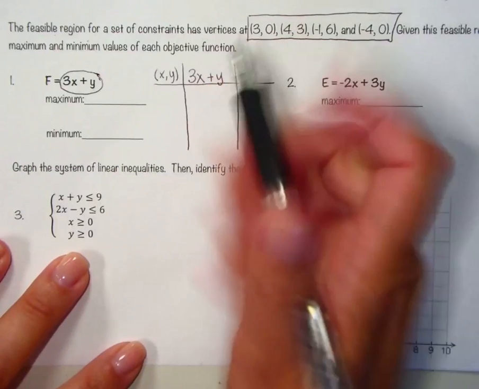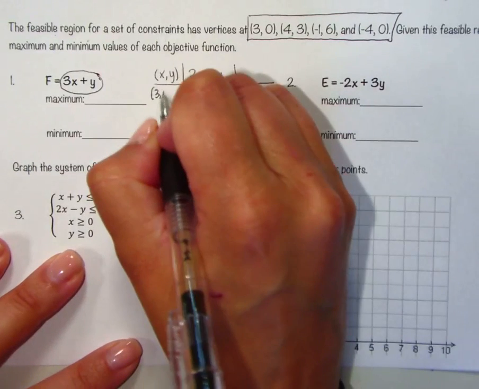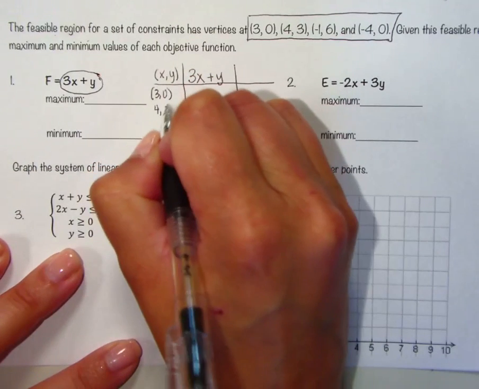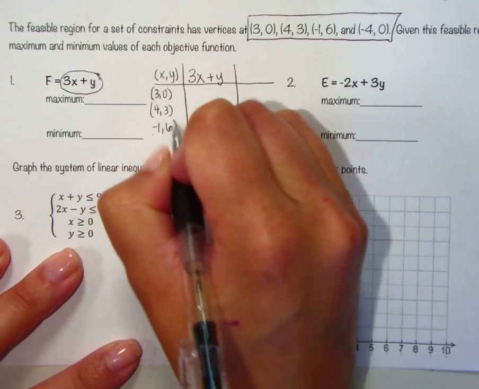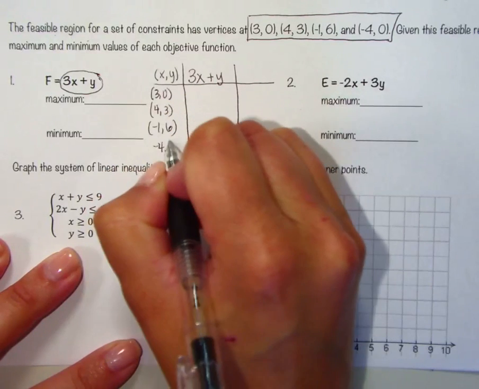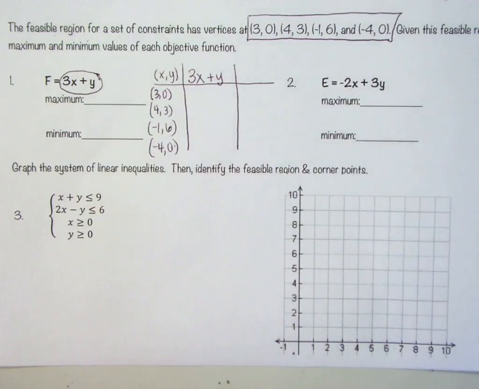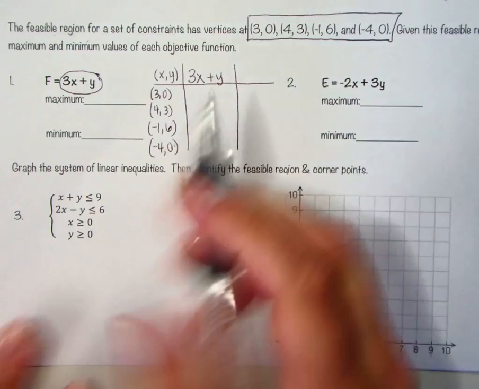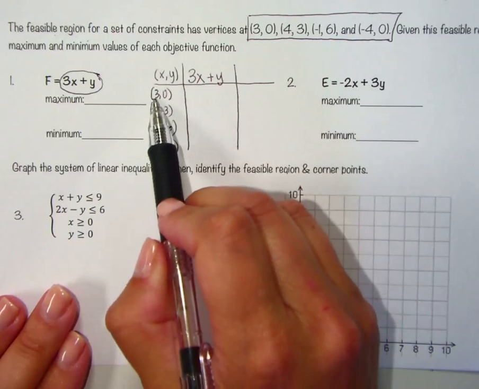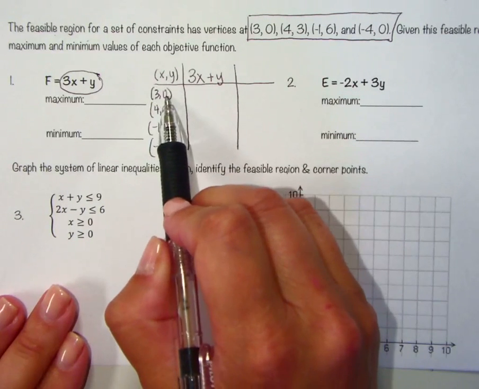So we're going to take each of these ordered pairs and put them in our table. And then it's really just a matter of substitution, guys. In an ordered pair, the x-coordinate is first, the y-coordinate is second.